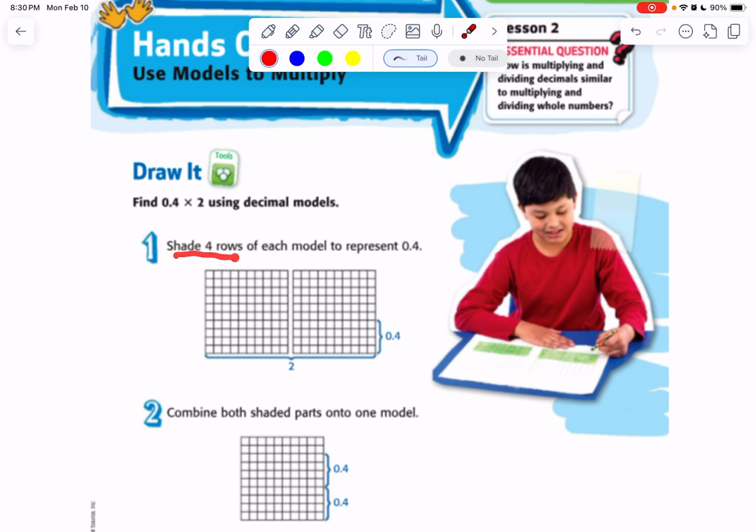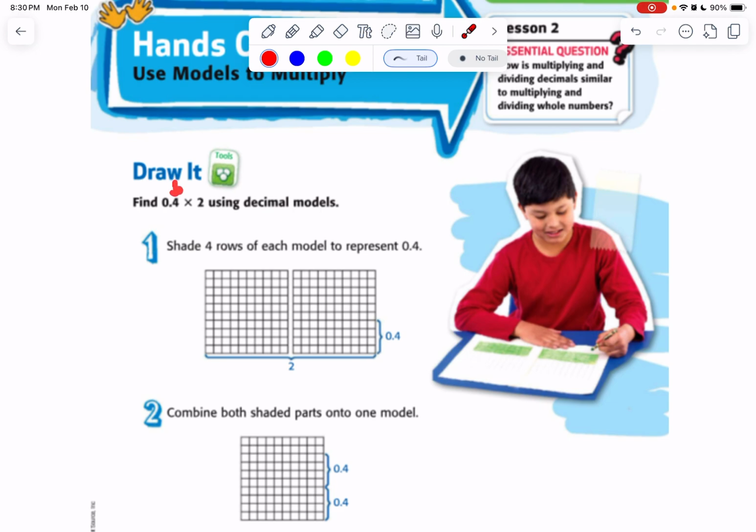Okay, so we're going to shade 4 rows of each model to represent 4/10. So this 4 is in the tenths place, and since one of these squares is 100, each column, or row for that matter, is 10 squares, right?